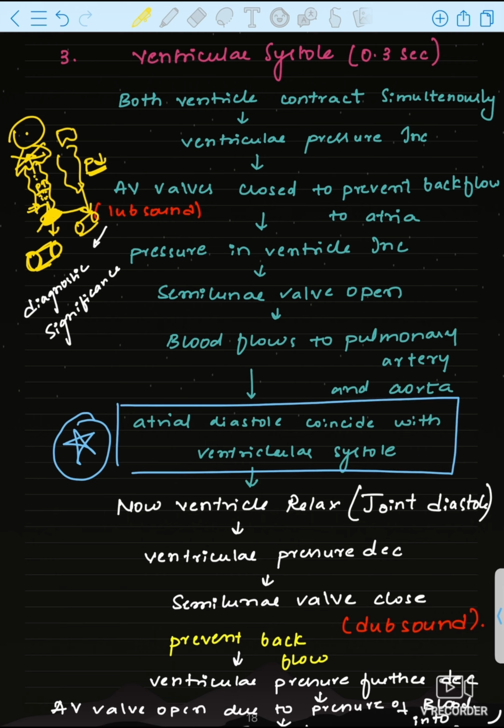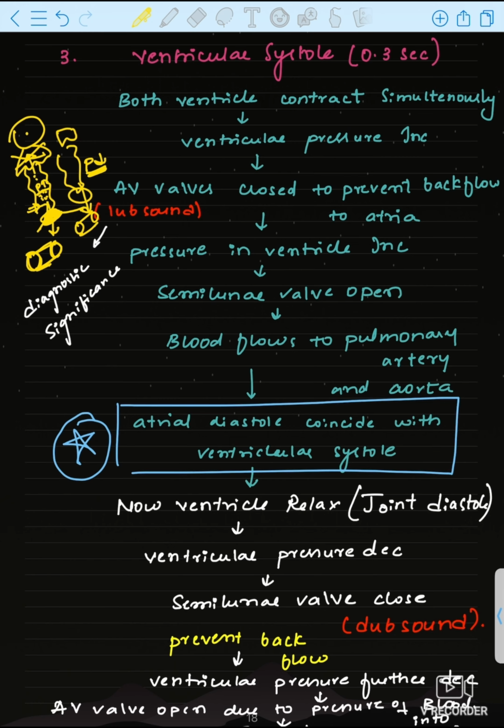Now pressure will decrease. In the ventricles, pressure starts decreasing, so the blood has flowed out, and after that the semilunar valve also starts closing, because the blood is flowing into the capillaries, that is, the aorta.